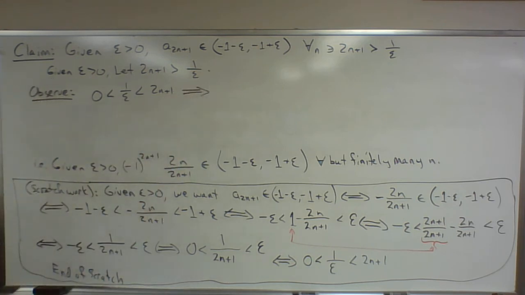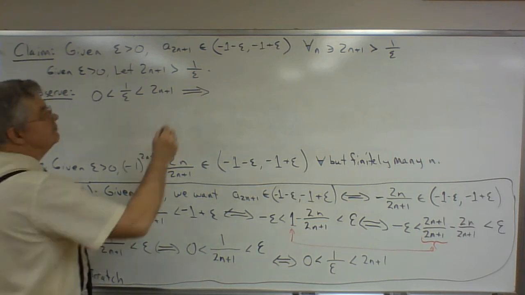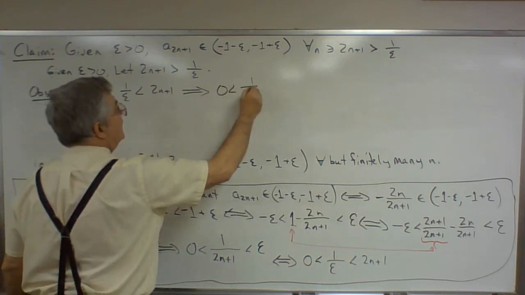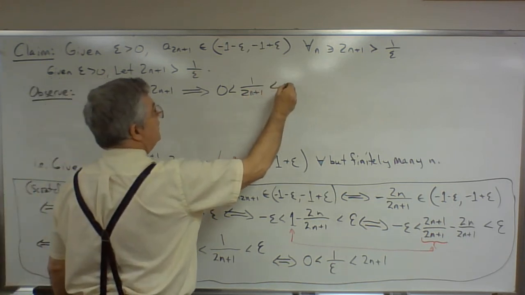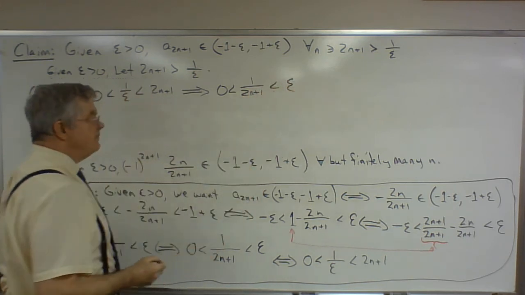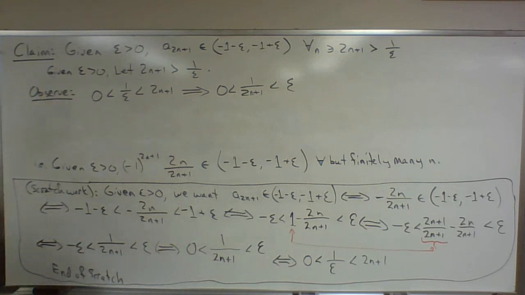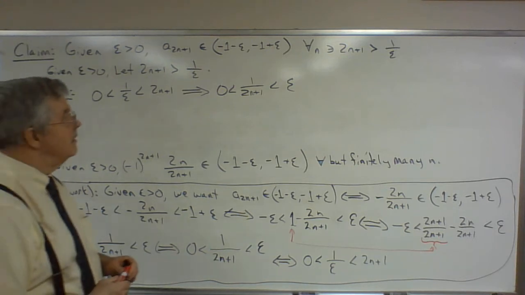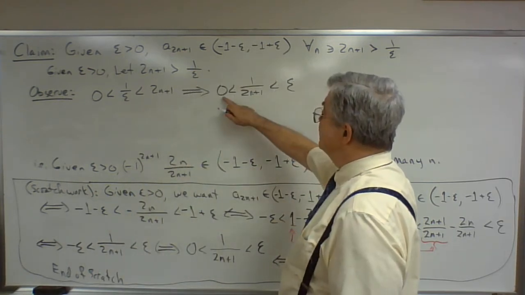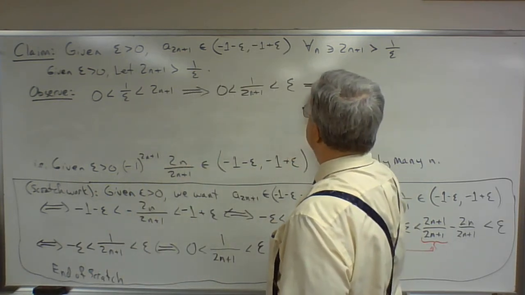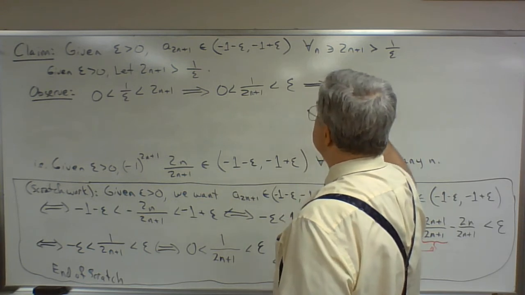So what does that mean? We can divide both sides by 2n plus 1 and multiply both sides by epsilon. And since both are positive, the sense of the inequality stays the same. And since negative epsilon is less than 0, I can write this.